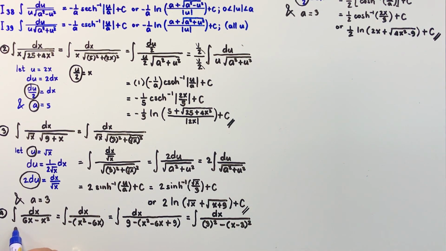So in this case, our u there is x minus 3, because when we take the du, our derivative of this is just 1 dx, because the derivative of minus 3 is 0. And also our a is 3 here.